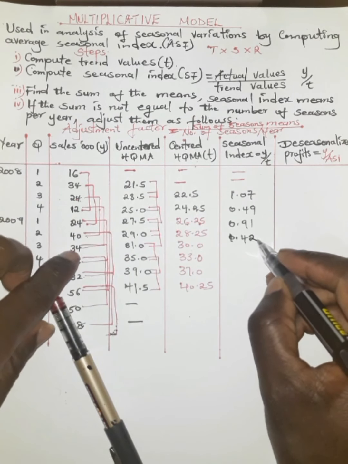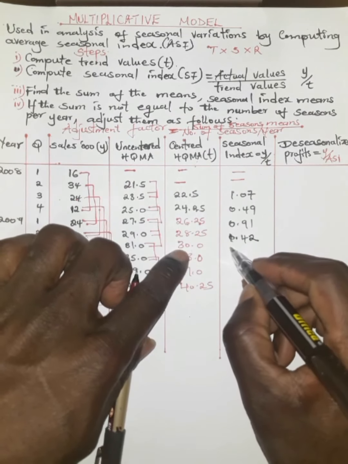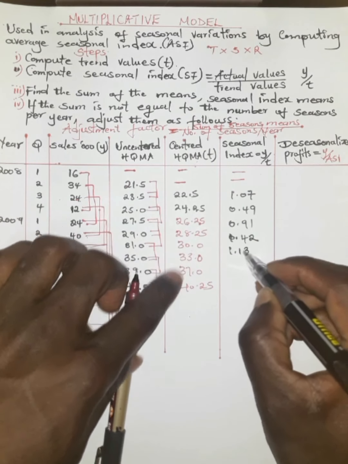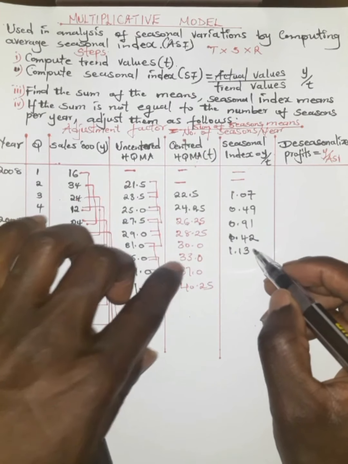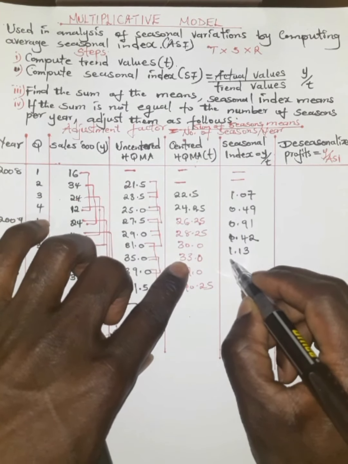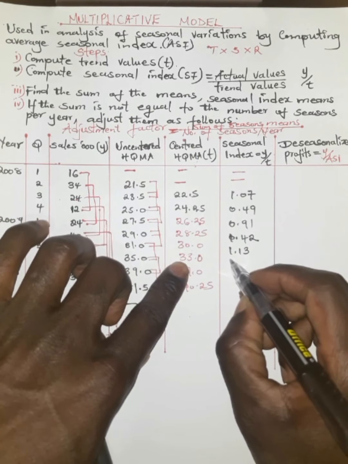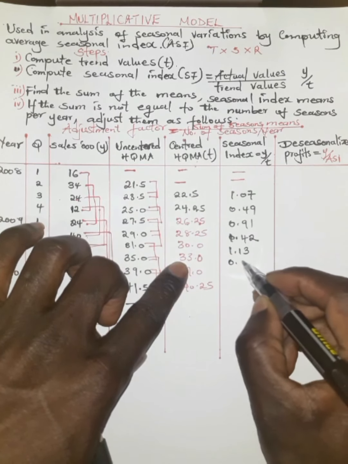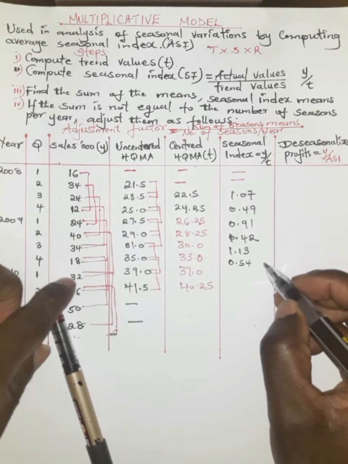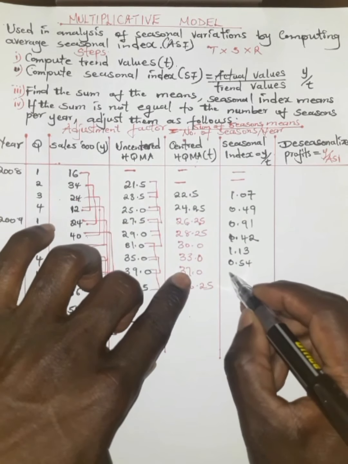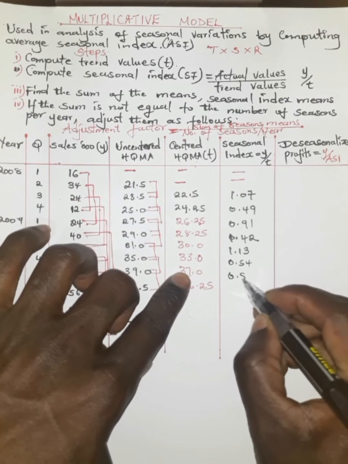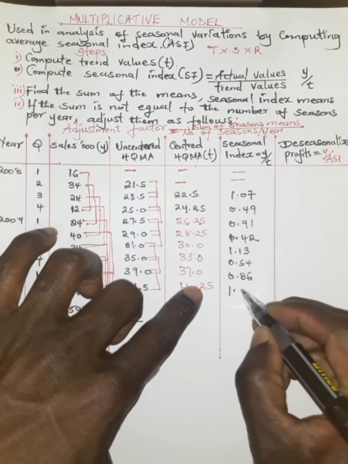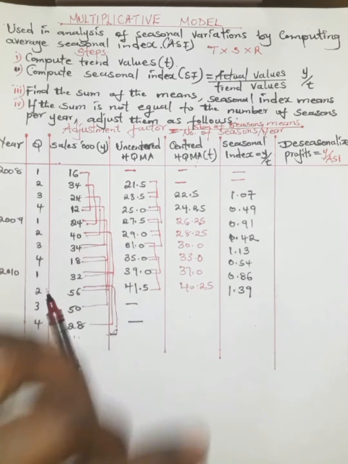Sorry, 34 divided by 30 should be a value of 1.13. 18 divided by 33 should have a value of 0.54. Then this one divided by this should have a value of 0.86, and lastly divided by this should have a value of 1.39.